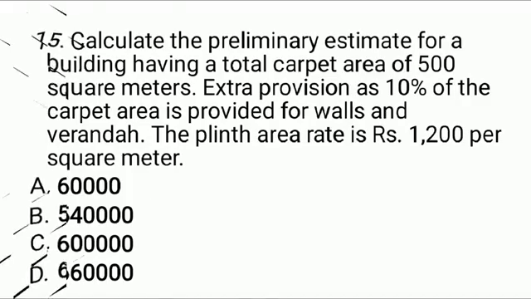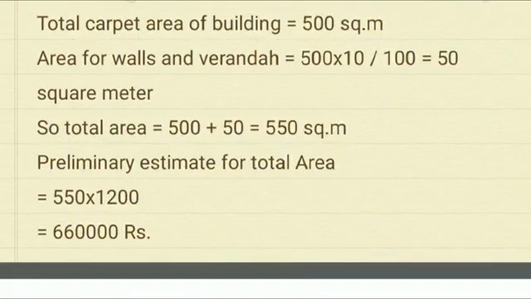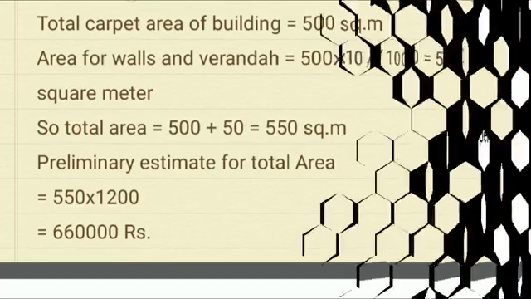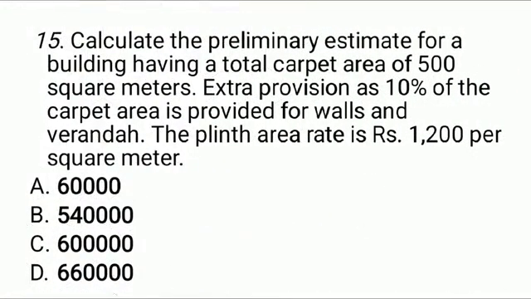Here I made a solution for this. Total carpet area for building is 500 square meter. Area of wall and veranda is 500 into 10 by 100, that is 50 square meter, as 10% extra provision of the carpet area.